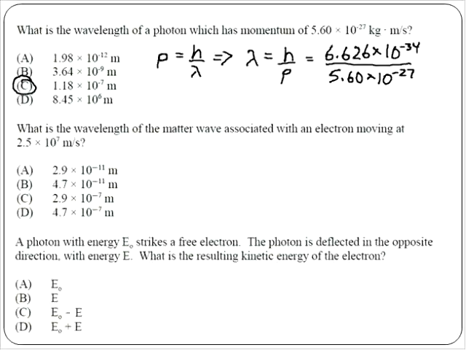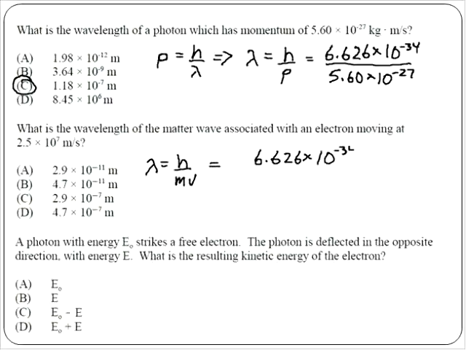Then the next one, very similar, only this time it's the wavelength of the matter wave associated with an electron. So that's the de Broglie wavelength, in other words. So wavelength equals h over m times v. The h is the same. The mass of the electron, you look up on the data sheet. I'll write it down here for you.